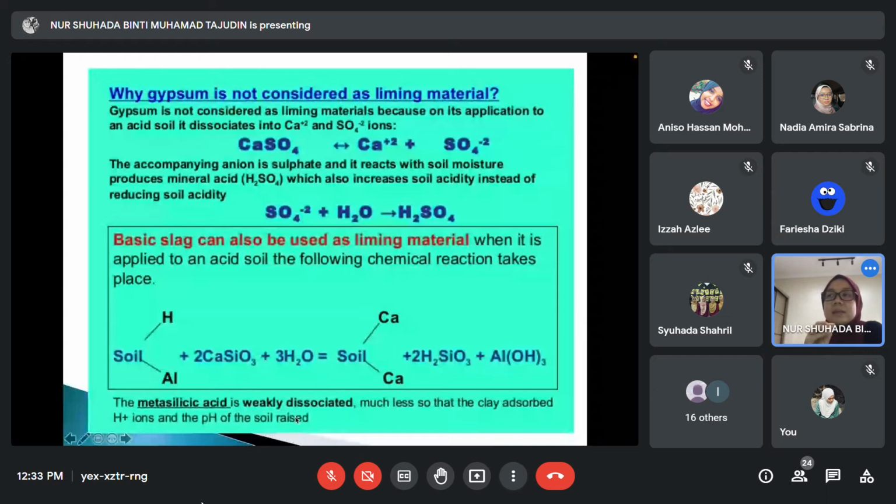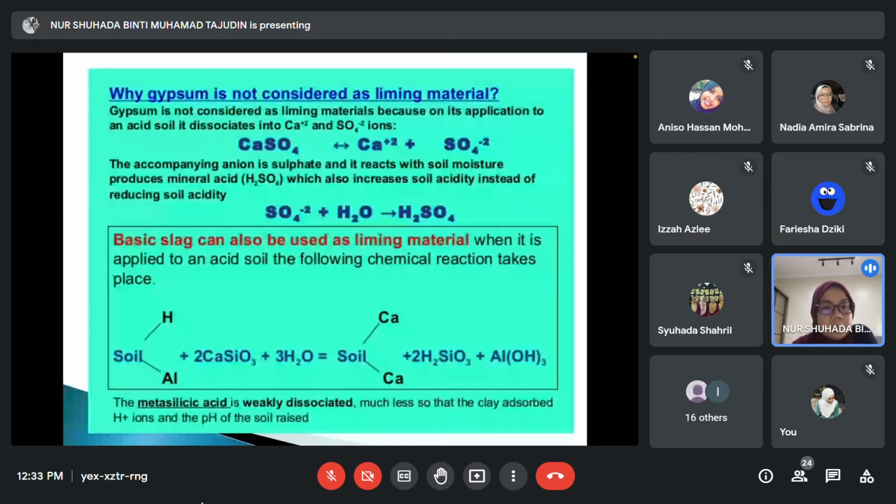You have to understand the actions of liming, which are the 3 that I showed you just now, and the main reason why you should put gypsum is because of this. Okay, however, the pH of the soil to be changed is slightly minimal. Okay, so this is the comparison of the liming and gypsum reactions.